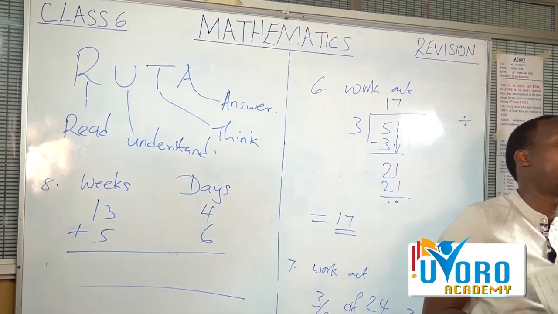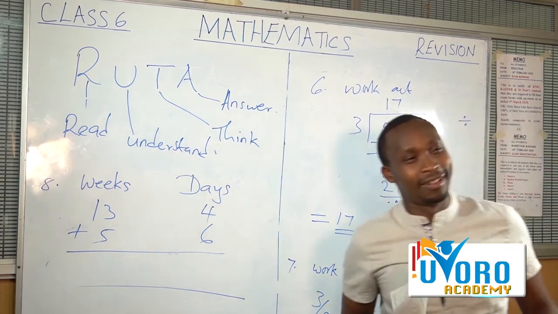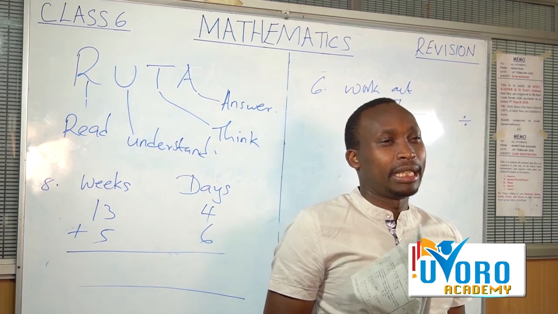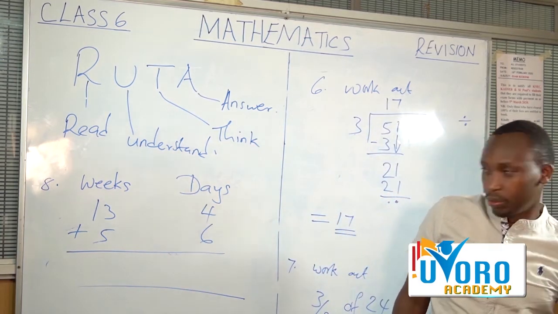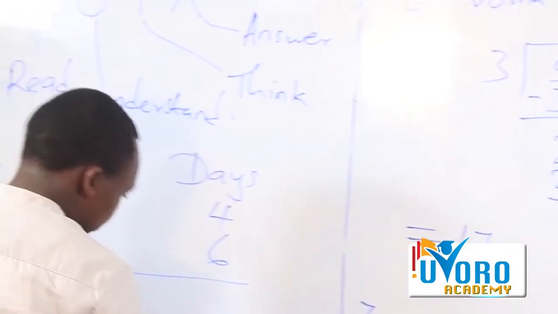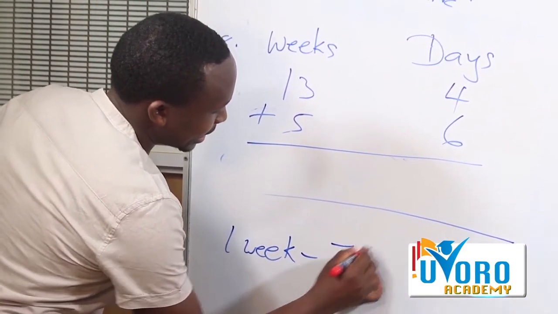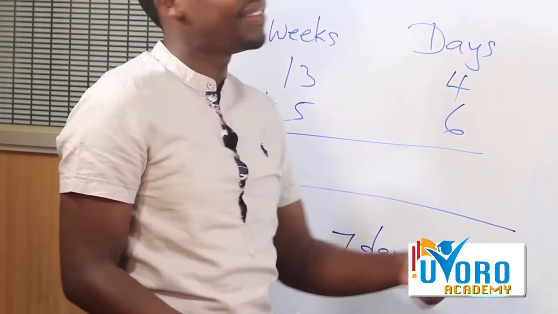How many days are there in 1 week? 7 days. Very good. 1 week has 7 days.